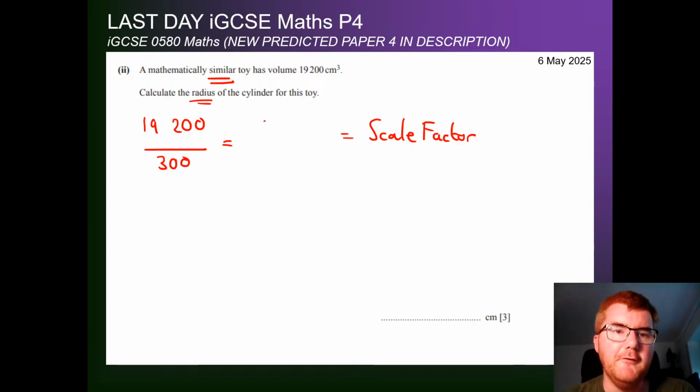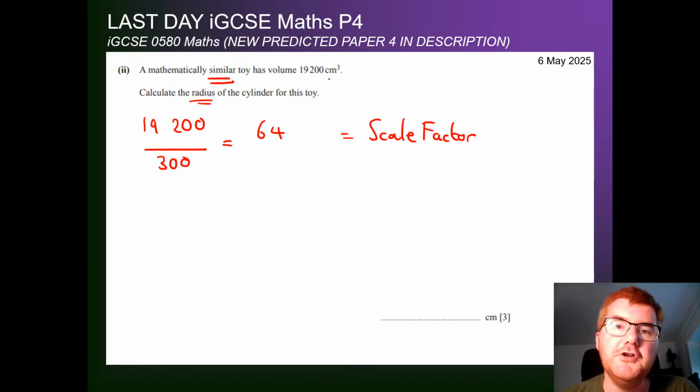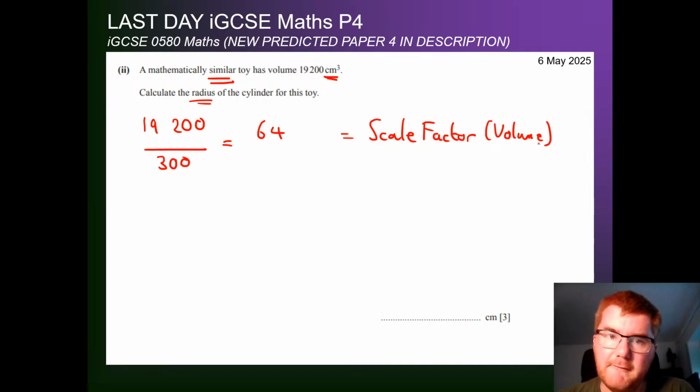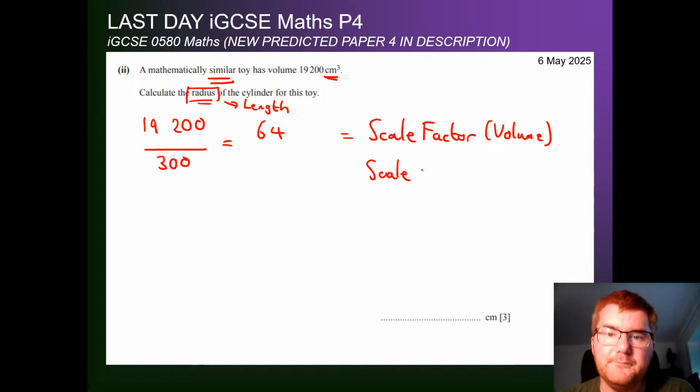If I put this into my calculator, so I take the new volume and divide by the old volume, I get 64. However, this is not just any scale factor, because we're working in cubic units. This is the volume scale factor. And in order to work out the radius, well, the radius is a length. So we need the length scale factor.